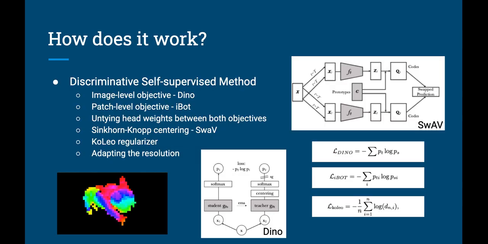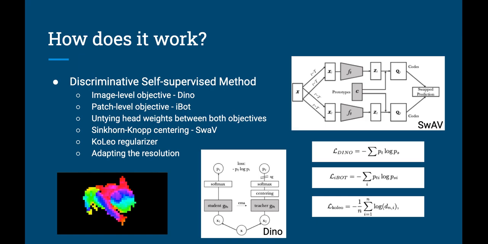So now that we have the images, how does our discriminative self-supervised model work? Dinov2 borrows from 3 different discriminative architectures. The first one is from their old paper called Dino, which is all about image level objectives.